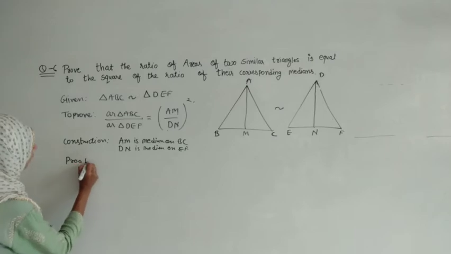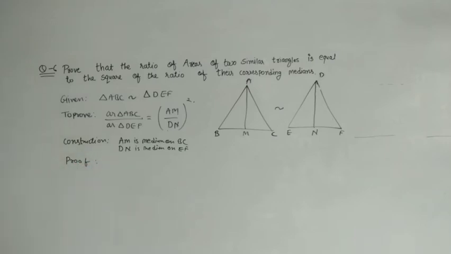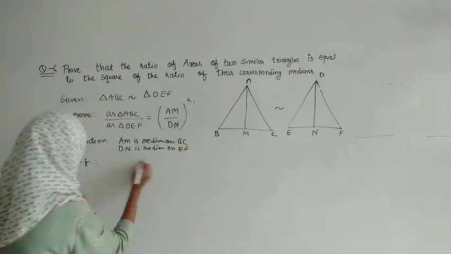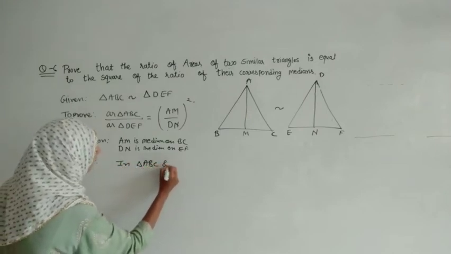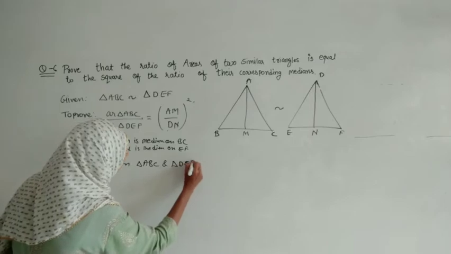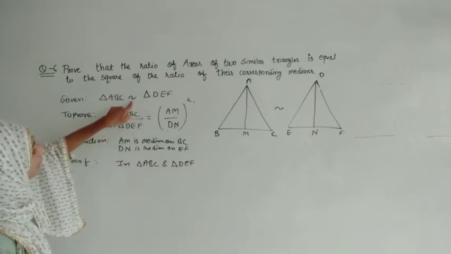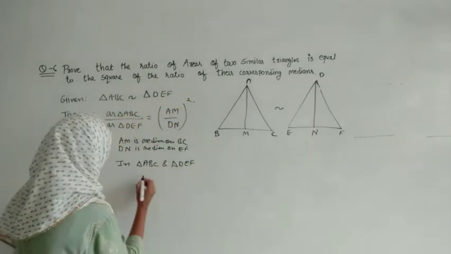So we will write our proof. What is the proof? Let us take that whole triangle. So here I will show in triangle ABC and triangle DEF. In given they only told it as similar. So we will just write the ratio of their sides.